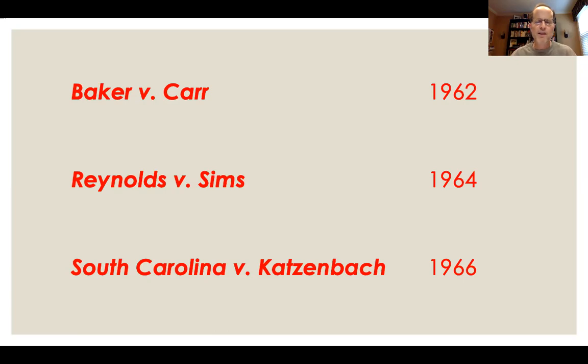The basic major point from Baker v. Carr I want you to remember is that this is a question about the nature of political questions. So if you remember when we went over the concept of Ashwander rules, at what point does the court decide that it is their role to intervene? At what point is it justiciable?